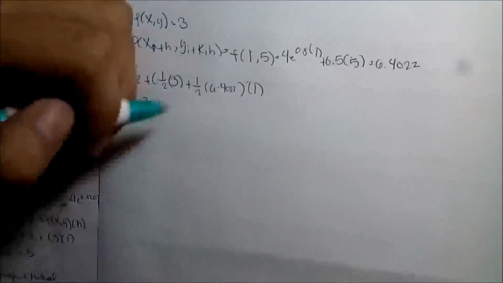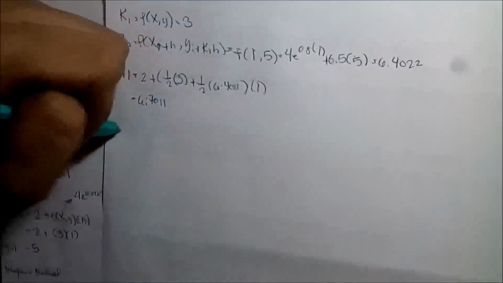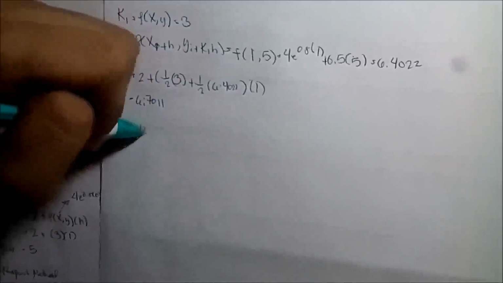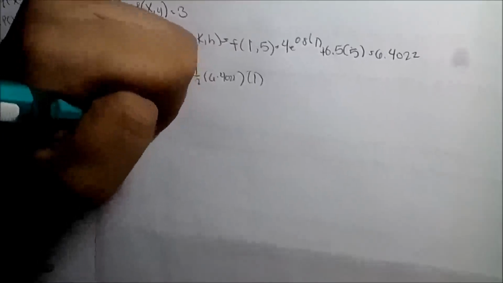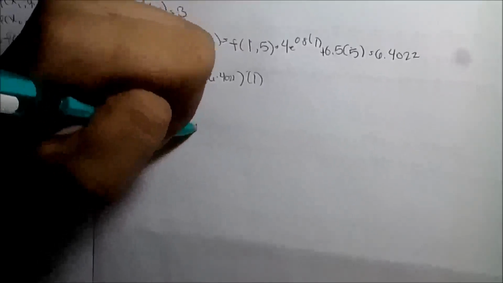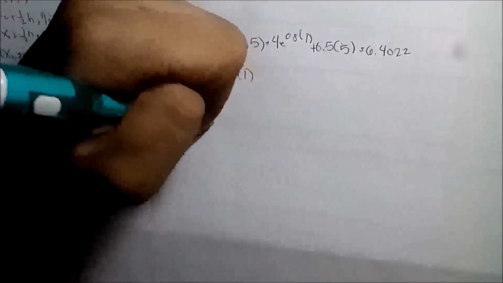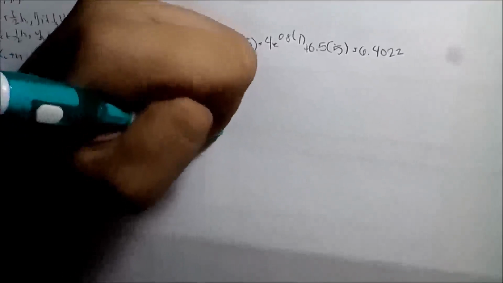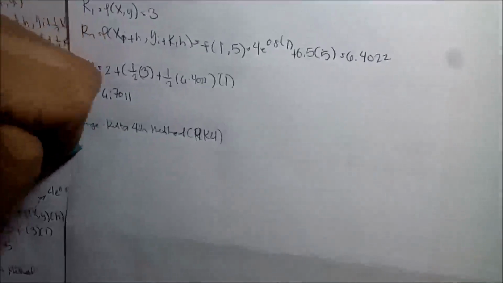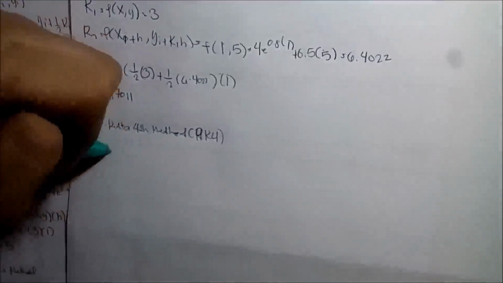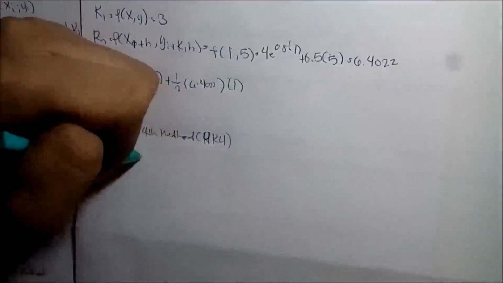Next, lastly, the Runge-Kutta method, or the RK4. K1 will be f of x and y equals 3.